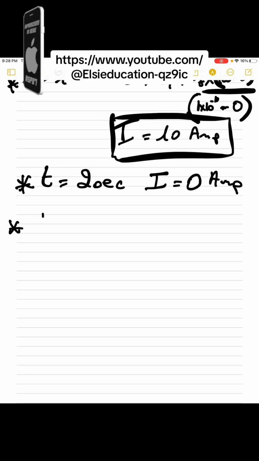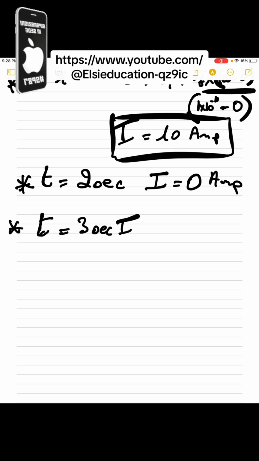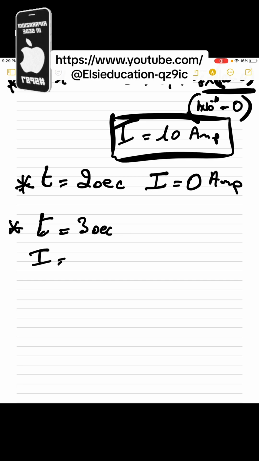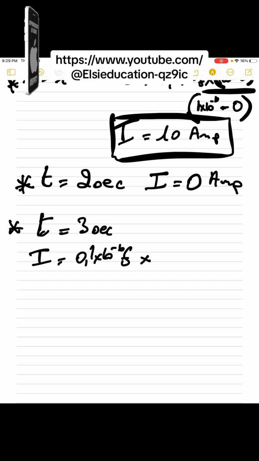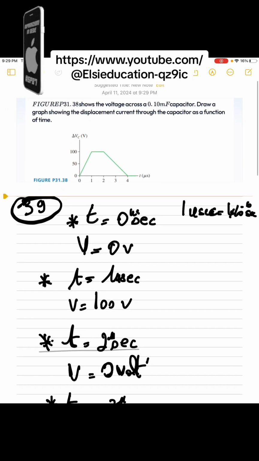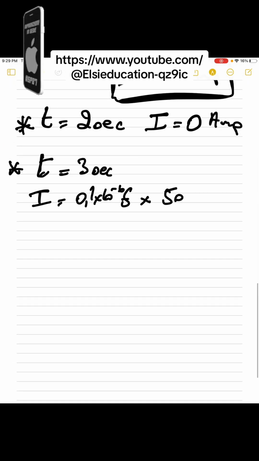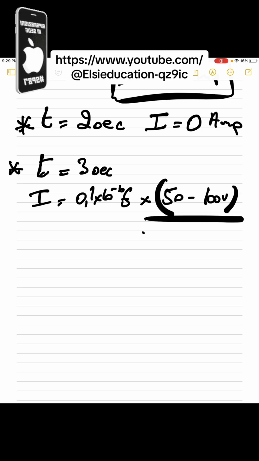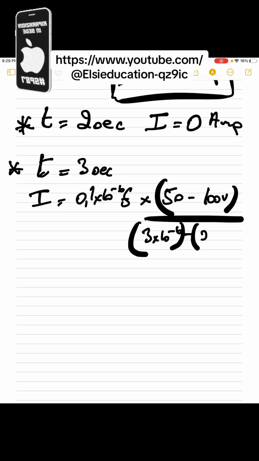And if time equals 3 second, current will be equal to 0.1 times 10 minus 6 farad multiplied by 50 minus 100 volt divided by 3 times 10 minus 6 minus 2 times 10 minus 6.